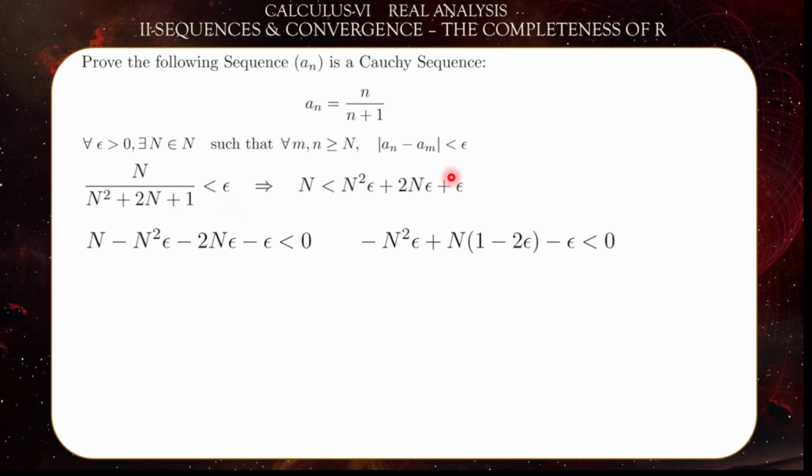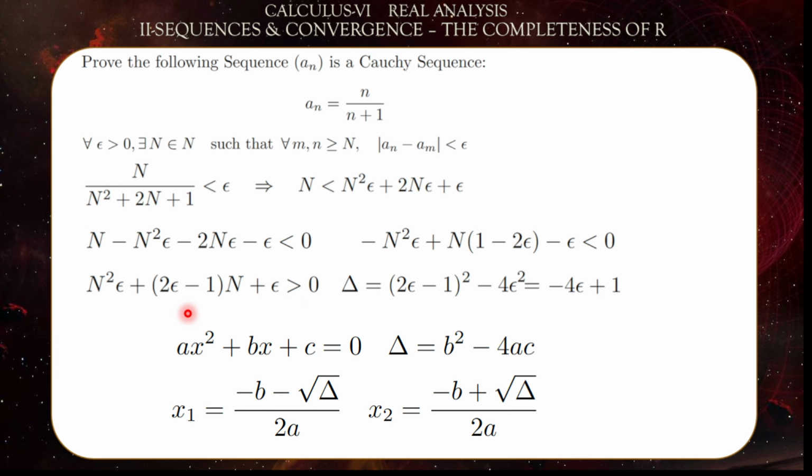You move the right side to the left, so n minus n squared epsilon minus 2n epsilon minus epsilon is less than 0, which is minus n squared epsilon plus n times (1 minus 2 epsilon) minus epsilon is less than 0. You multiply by minus, so epsilon n squared plus (2 epsilon minus 1) n plus epsilon is greater than 0. When we multiply by minus, we need to flip the inequality.